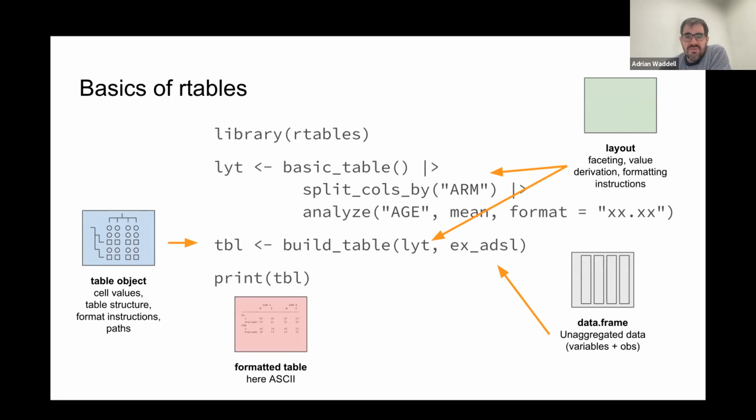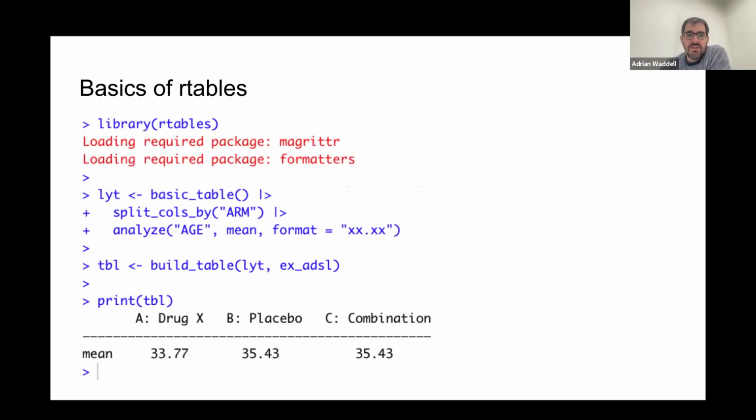That seems fairly involved, but when you use rtables, it becomes second nature. So here you essentially see those components: you load the library, you specify the layout, you build the table with the layout and data, and then you can print it, and you get that ASCII representation in your RStudio environment.